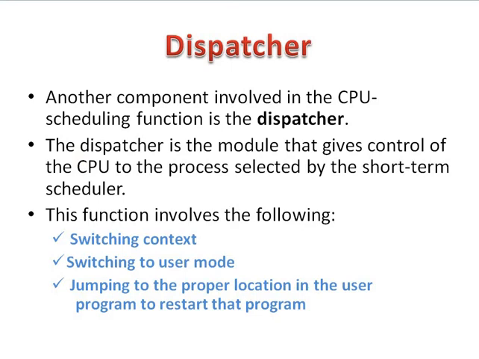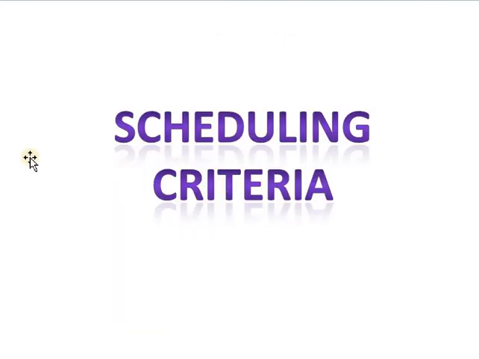Then next we will see there are different scheduling criteria. By using that criteria, the scheduling algorithms are actually worked out. There are several different criteria to consider when trying to select the best scheduling algorithm for a particular situation and environment. That criteria we will see one by one.